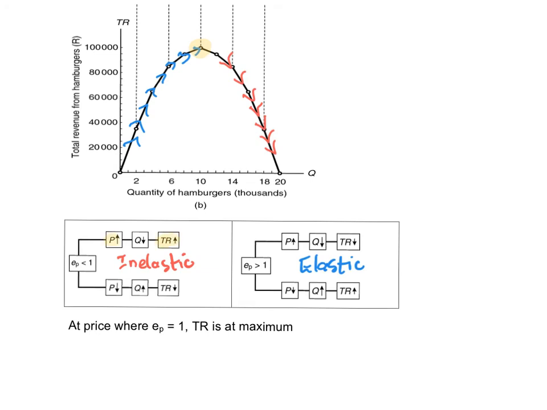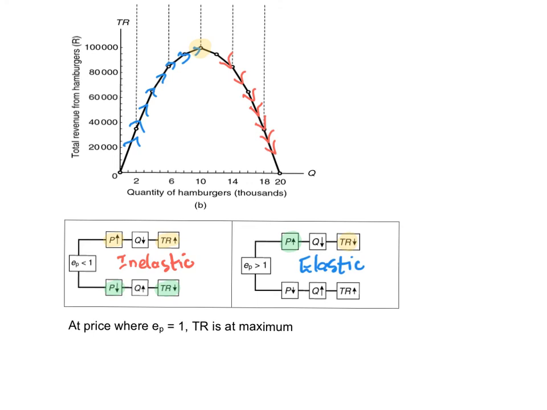So when the price increases, total revenue increases. When the price decreases, total revenue decreases. On the other hand, when we have elastic demand, the total revenue moves in the opposite direction to the price change. So when we have an increase in the price, we find that the total revenue decreases.